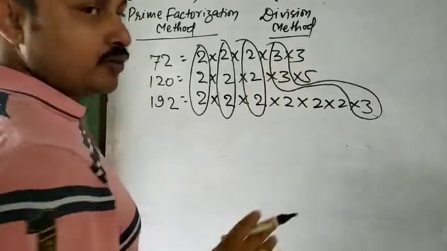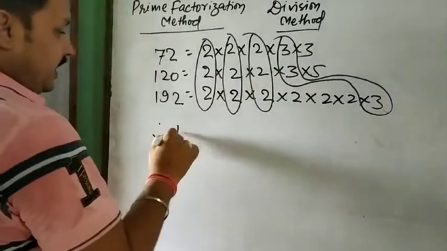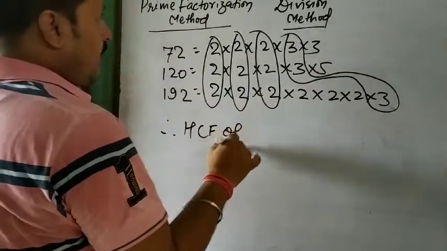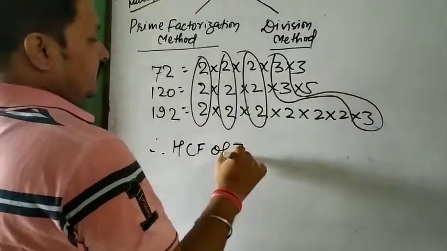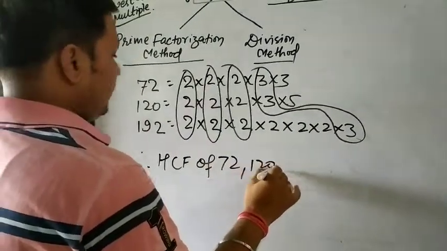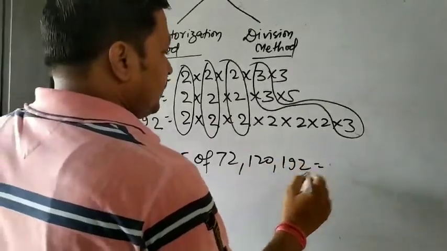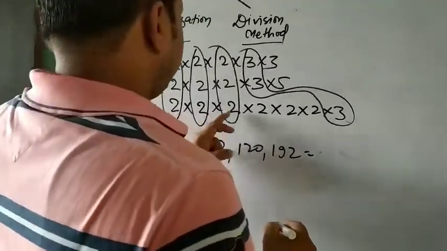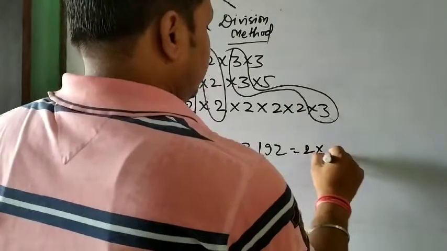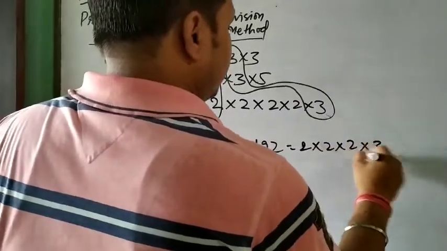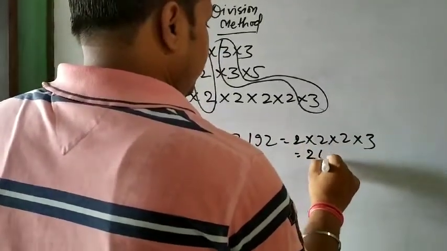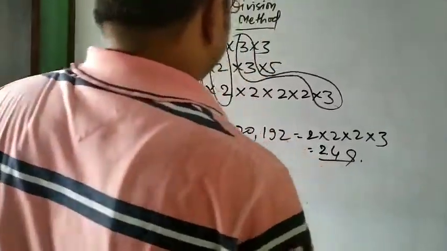The rest are not used in the HCF, so the HCF of 72, 120, 192 equals 2 times 2 times 2 into 3. That means 24. That's your answer.